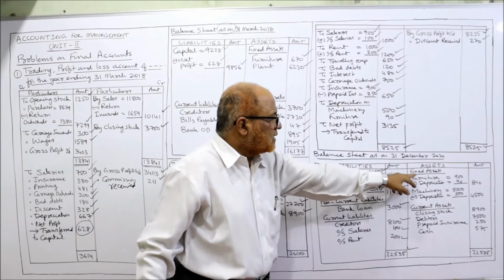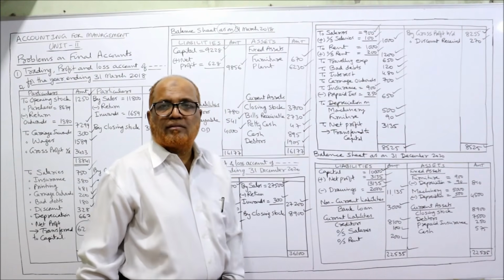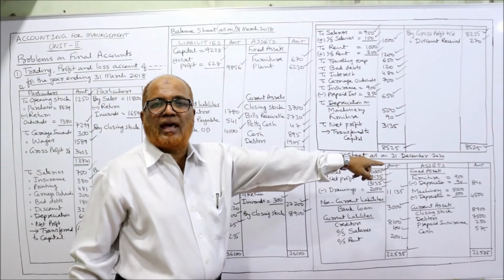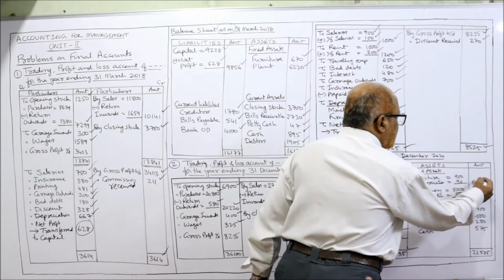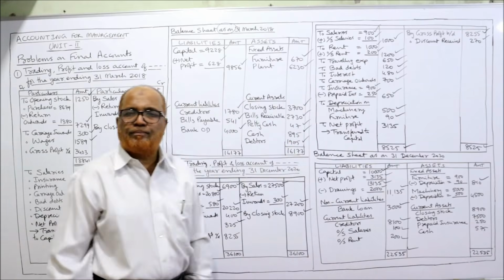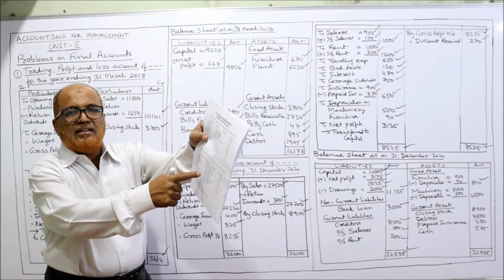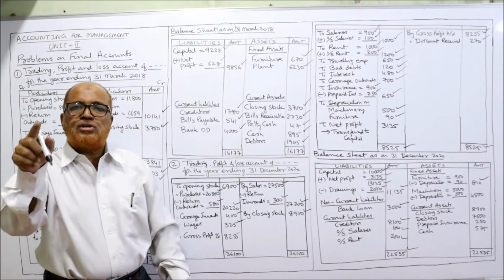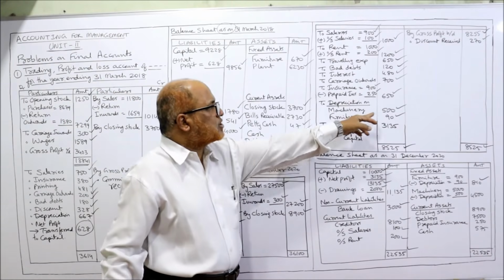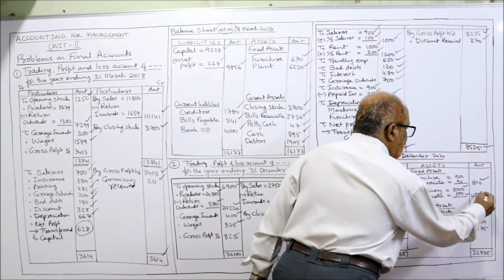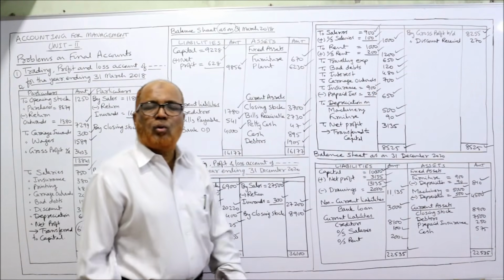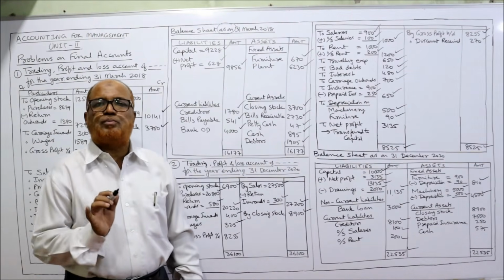So furniture 900 minus depreciation 90, you will get 810. That is furniture. Machinery is given 5,000. From 5,000, deduct the depreciation 500. So 5,000 minus 500, you will get 4,500. Only two fixed assets are given in this problem.